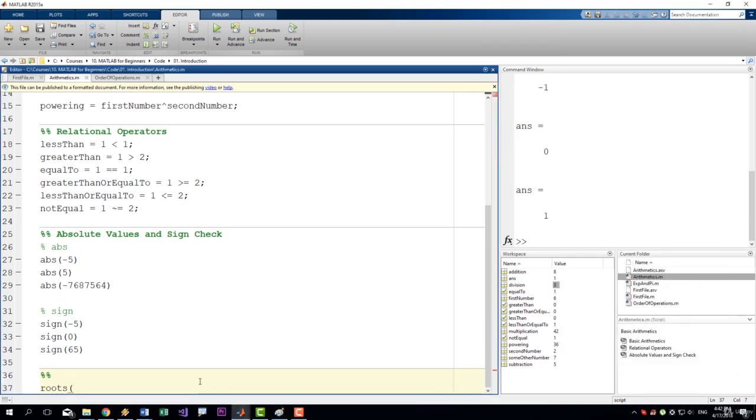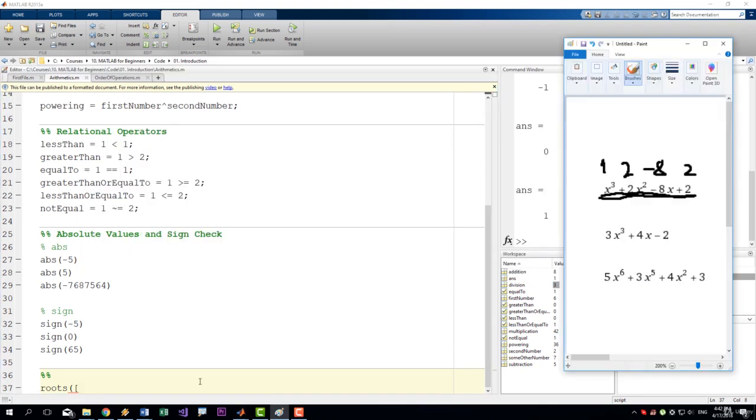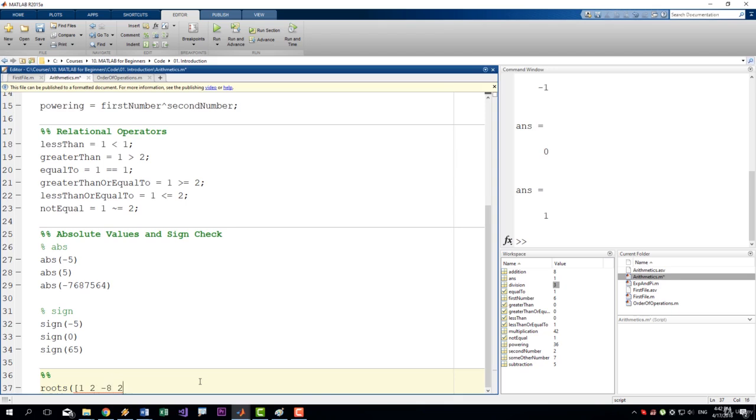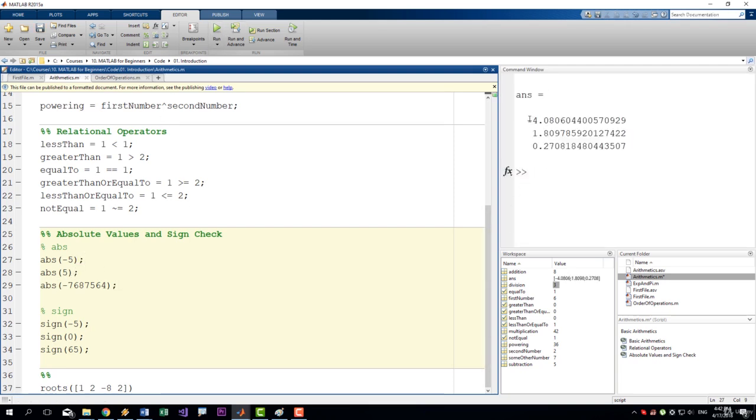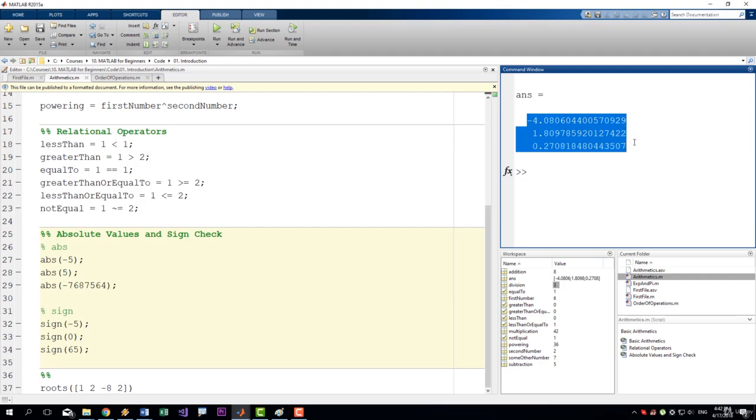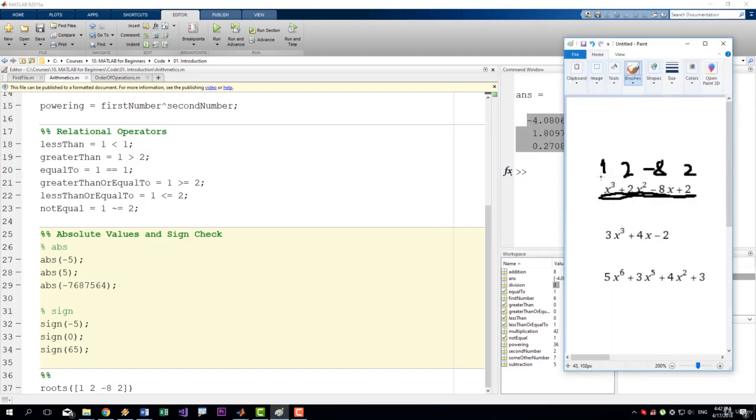I need to use square brackets like this. So 1, 2, minus 8, and 2. Let's run it, but suppress the output of our previous example first. Let's run it. And these are our 3 roots. We have only 3 roots because the highest power that we have is 3.